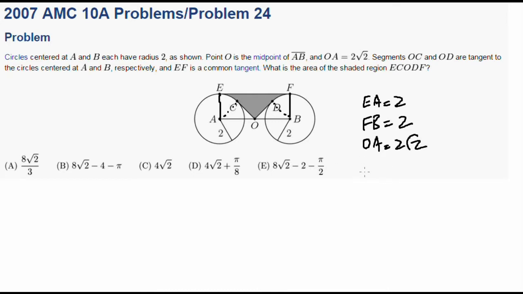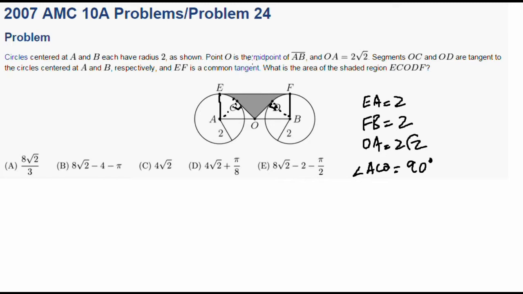So that means angle ACO equals 90 degrees. Tangent lines are always perpendicular to the line directed to the center of the circle. I don't know how to say that, but you can just look in the diagram. I'll add some right angles, and yeah, those are 90 degrees. Okay, that might be useful.